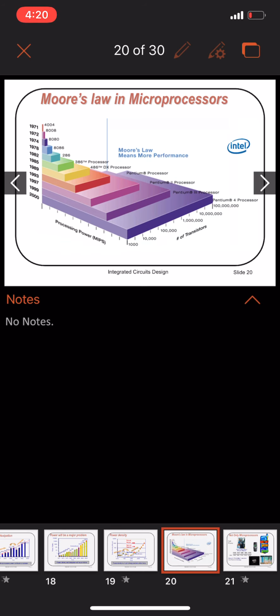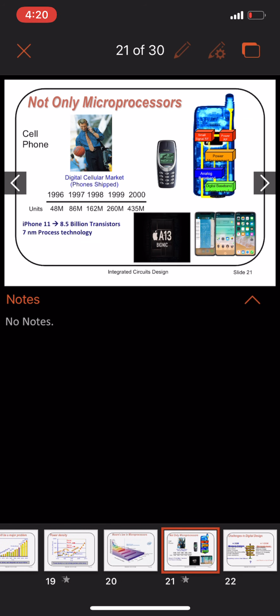Here you can see that with the number of years, the number of transistors inside the integrated circuit is increasing. With the increase in the number of transistors, power dissipation is also increasing. So here you can see the trends in the semiconductor industry.